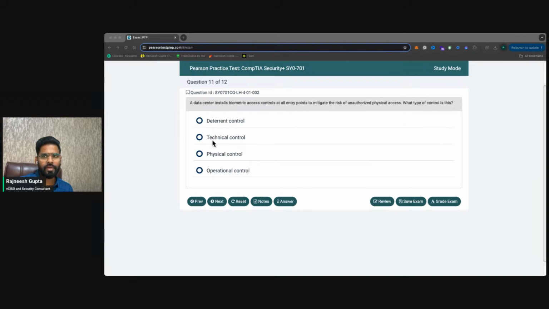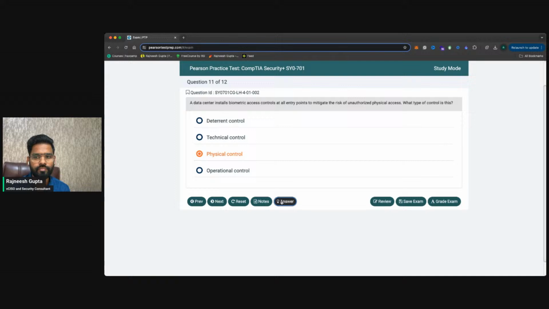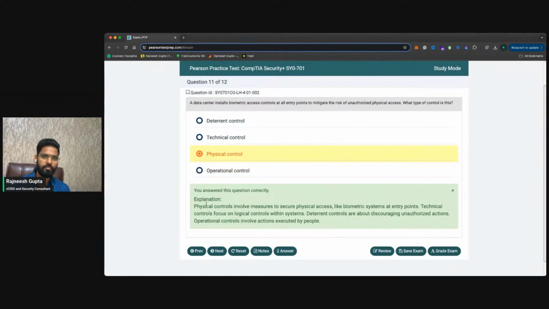Technical control, it cannot be technical. There's nothing we're doing in the technical configuration, or maybe it's a technical control, but in some situations you have to find what is more relevant. So it most likely should be a physical control, but let's see. Okay, perfect.